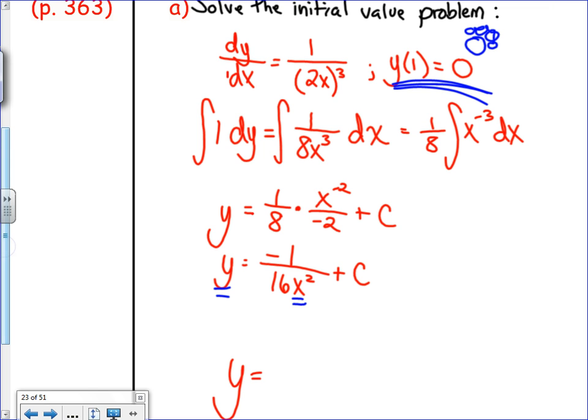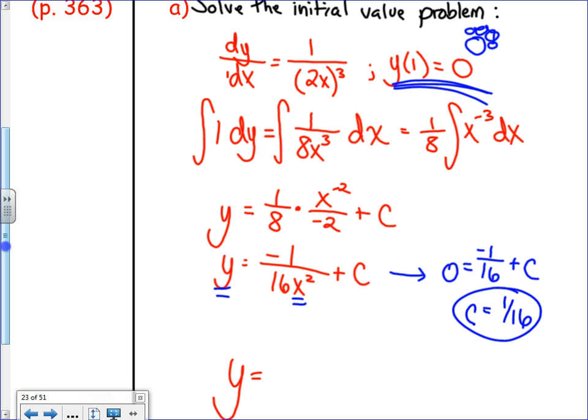Find c, when y is 0 and x is 1, well, c must be 1/16. It is the one function that has the constant of 1/16.